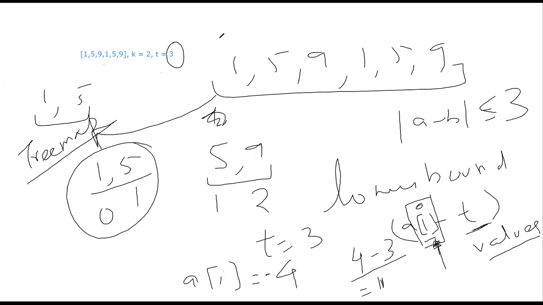Then that means we find the one that is the map's iterator. The map's iterator has 2 elements. The first element is the key. The key is the value of the element, and the second is the index.